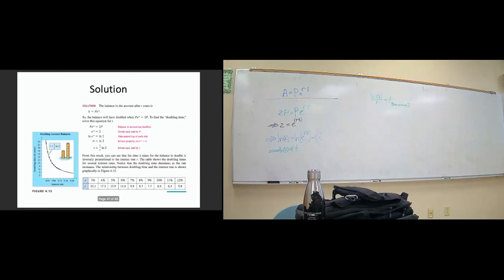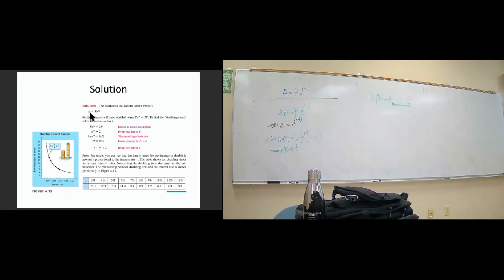So looking at their solution, they set up the problem the same way, right? They say, all right, we know that the amount in our bank account can be modeled using this equation. This is because we're compounding interest continuously. We don't know what R is, we don't know what our principal amount is, but it doesn't really matter because we just want to know for some given annual interest rate, how long do we have to wait to double the amount? So what is T?